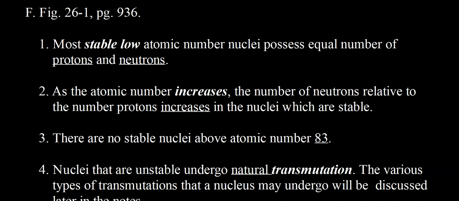So the green dots there, by the way, are known as the band of stability. So those are relatively stable atoms. And again, we can see the black line represents a 1-to-1 ratio of neutrons to protons. So as atomic number increases, that ratio will increase as well, even for stable nuclei.